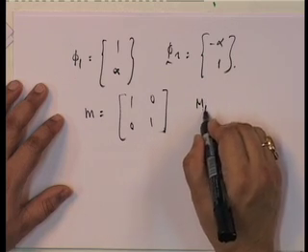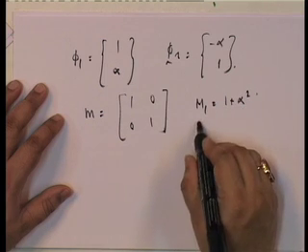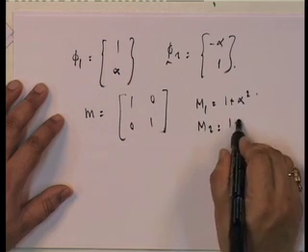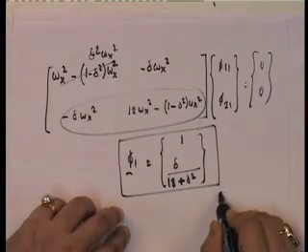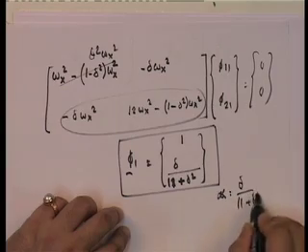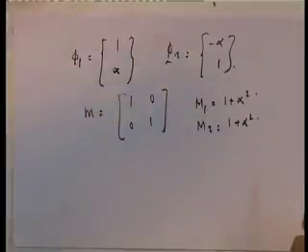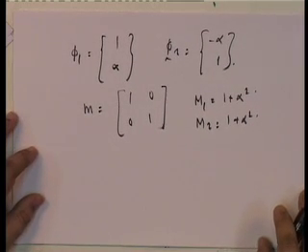What you get as m 1 is equal to 1 plus alpha squared and m 2 is also equal to 1 plus alpha squared, where alpha is equal to delta upon 11 plus delta squared. So, this is what you get as your expression.